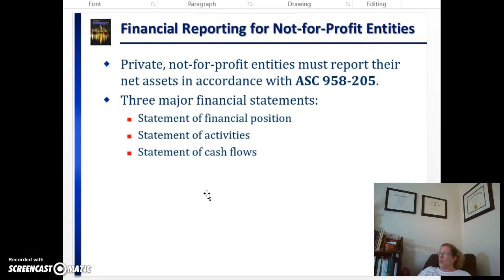Private not-for-profit entities have to report their net assets according to ASC 958-205, and they have 3 major financial statements. This includes the statement of financial position, the statement of activities, and the statement of cash flows.